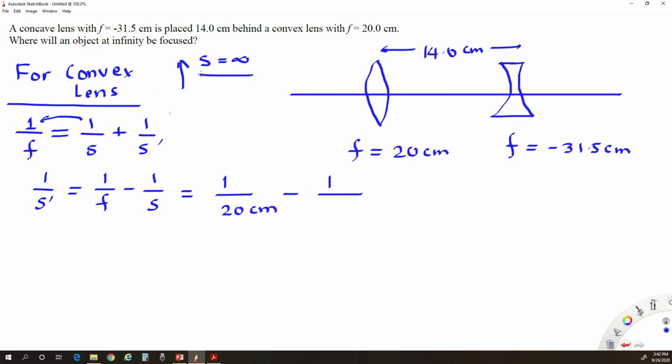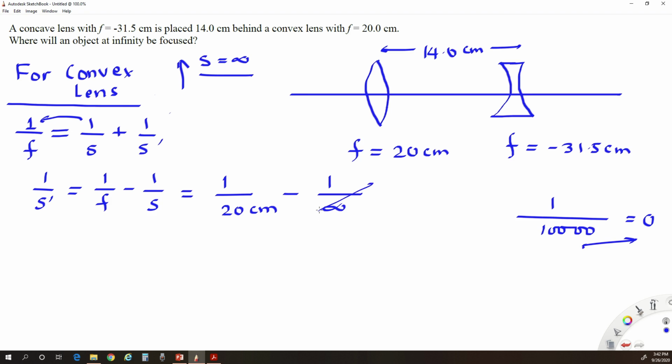Now s is at infinity. Infinity means it's a very, very large number. So 1 over a big number, let's say 1000 or something like that, would be about 0. Whenever you divide 1 by a large number, that turns out to be 0, or a very small number.